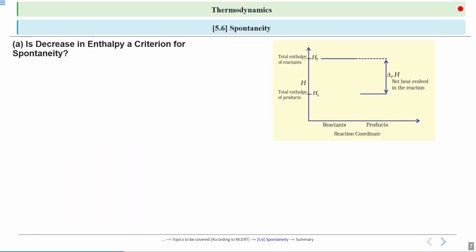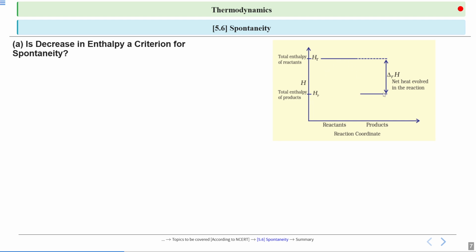First, we will look at a reaction coordinate. Here you can see two parts, reactants and products. Here is the reactant, and the reactant's enthalpy is represented by HR, and the total enthalpy of the product is represented by HP. So these are the two points.